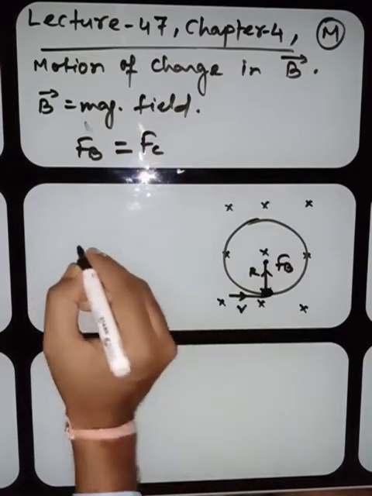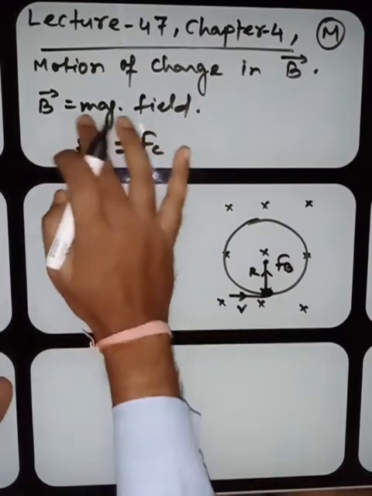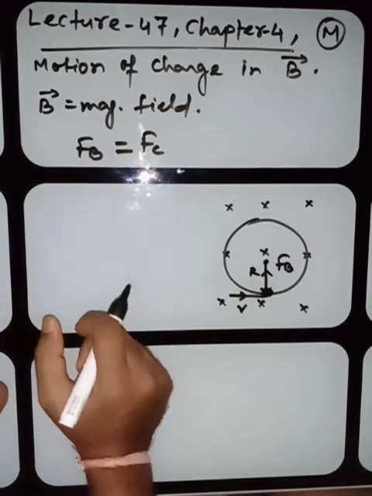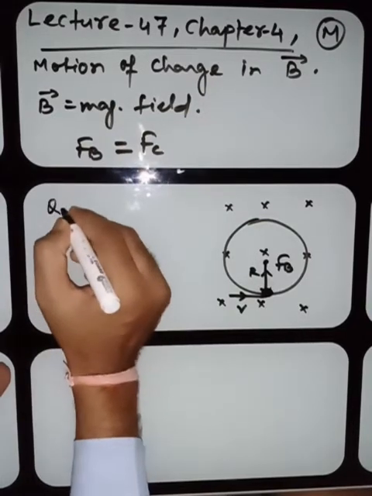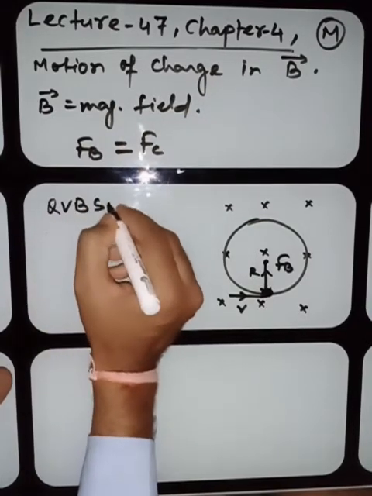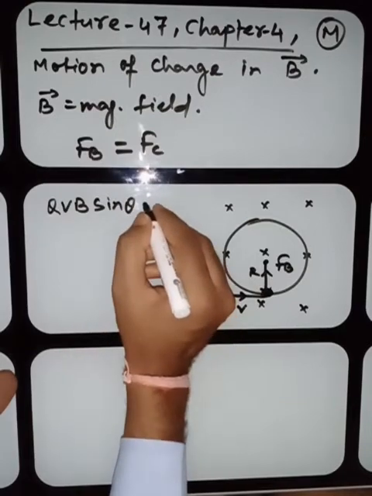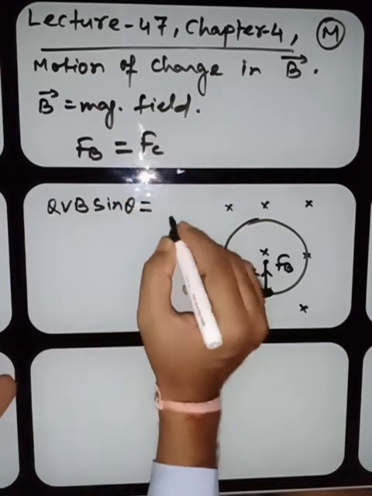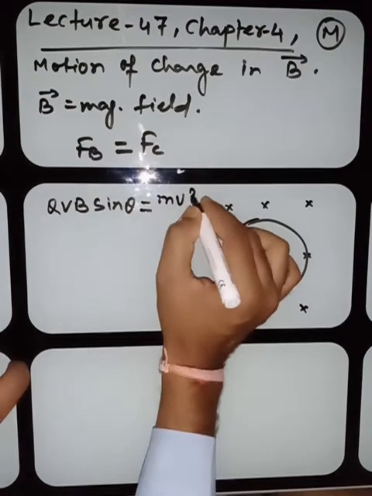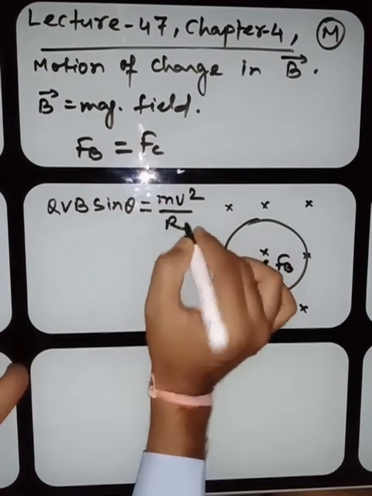So if q is the charge, what will be the force due to the magnetic field? It is qVB sin theta, which is equal to the centripetal force, mv squared over r.